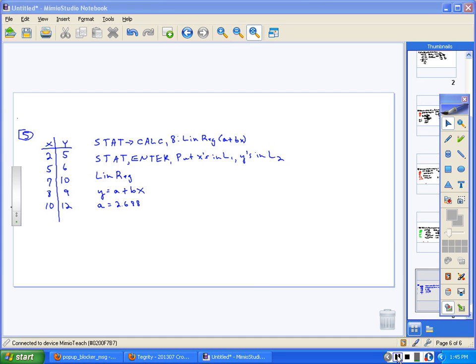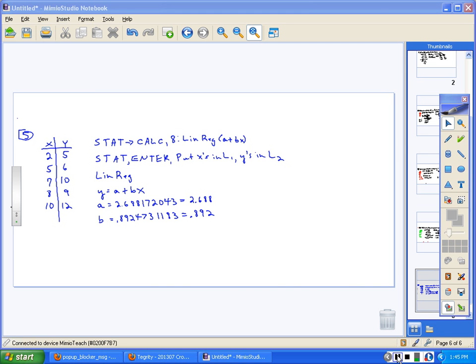I guess I'll give you the whole thing, 172043, which we're just going to round to 2.688. And b is equal to 0.892 4731183, which we're going to round to 0.892.